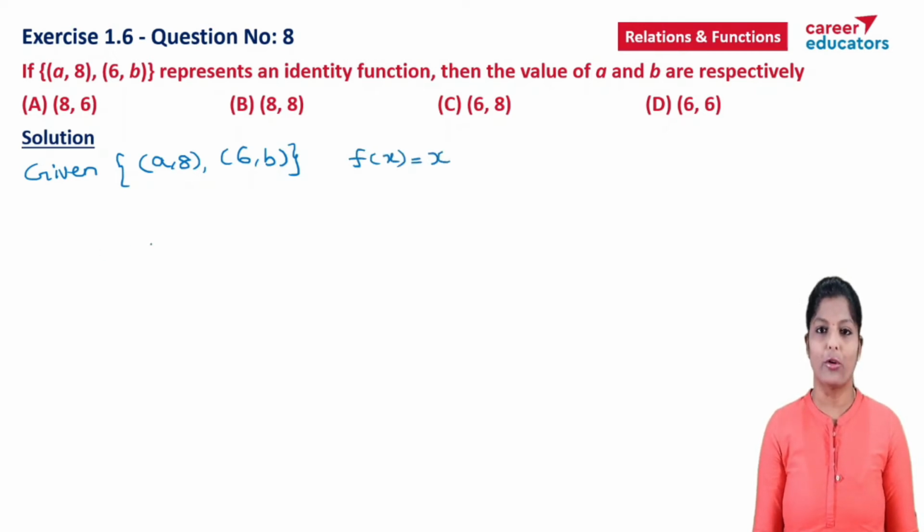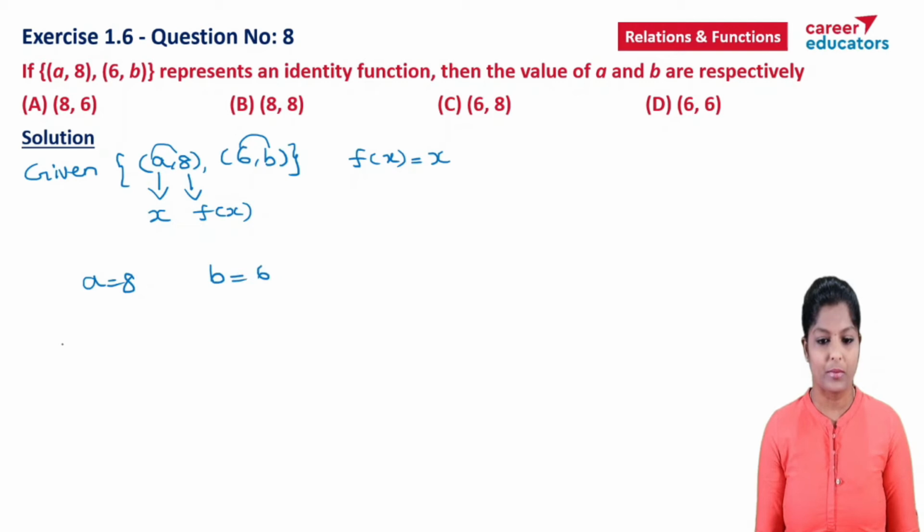In the given ordered pairs, x coordinate is called x, y coordinate is called f of x. Next, to find the values of a and b, we have to equate the values of x and f of x. If we equate x and f of x, we will get a equal to 8 and b equal to 6.